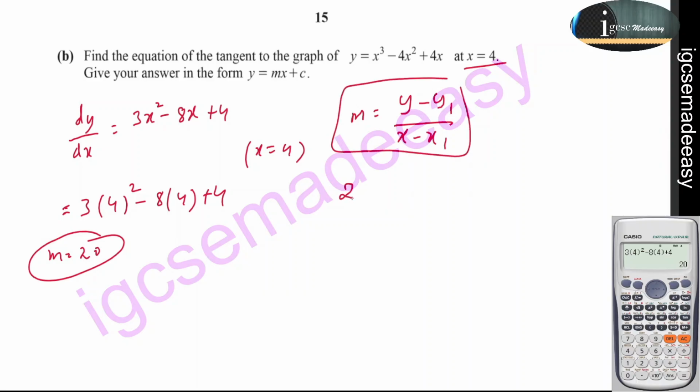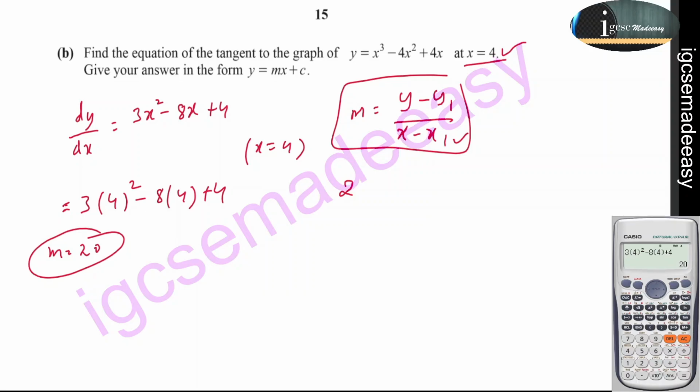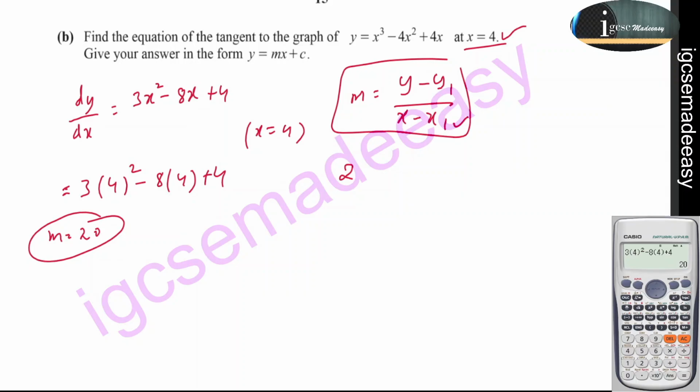So 20, we know that the value of x1 is 4, right? And y1, we can extract the value. Let's find out the value of that.